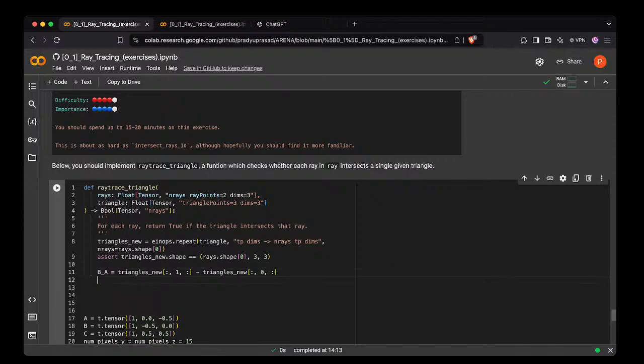And what should the shape be then? The shape should be 225 by 3, right?